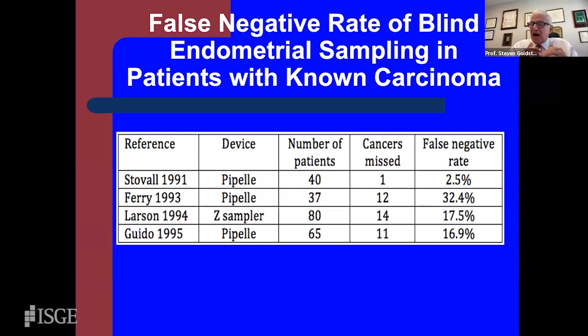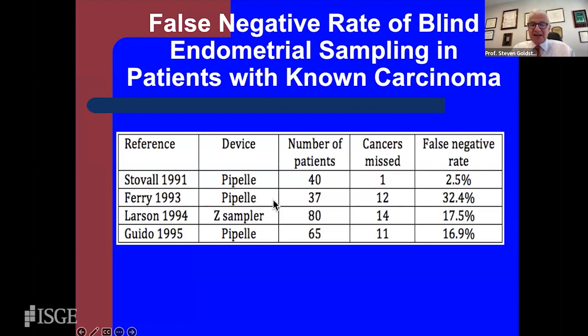And this was highly publicized by the makers of this device. And there was a rapid change in the standard of care where people use this device, which actually was developed to do endometrial dating as part of an infertility workup, was never meant to be the standard for ruling in or ruling out cancer, but everybody flew to this. Many other studies were similar.